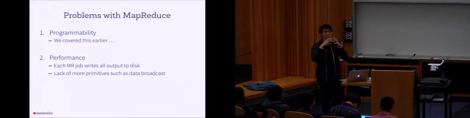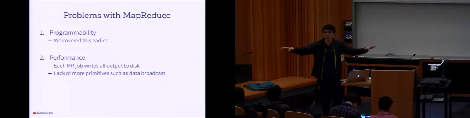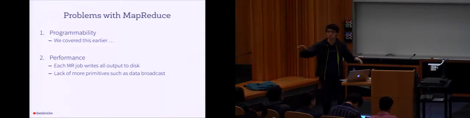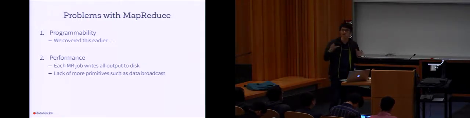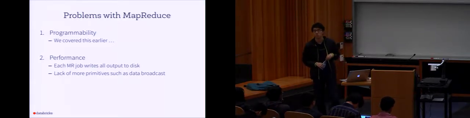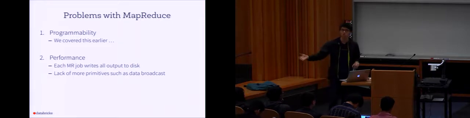And once you finish updating that model, you want to broadcast that model to every single worker, so your nodes can actually know what's the latest model. And that is actually fairly hard to do with MapReduce. The way we do it is you write the model to HDFS, and then everybody reads from HDFS back in again. So it's kind of cumbersome and also slow.